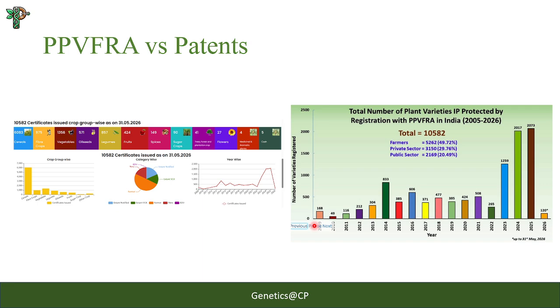Why has India specifically chosen a separate mechanism for the protection of varieties? These are the important aspects in the Indian plant breeding scenario that you should know, and definitely there will be 2 to 3 questions from these concepts.